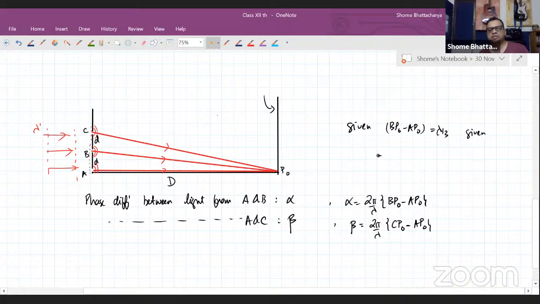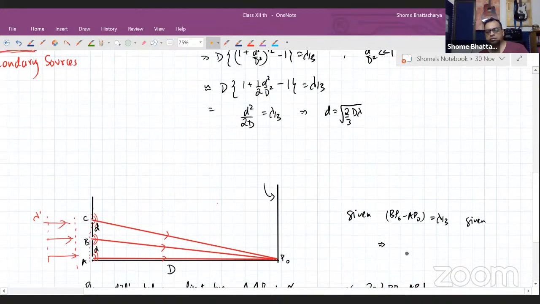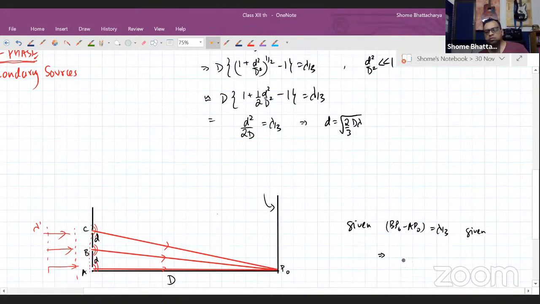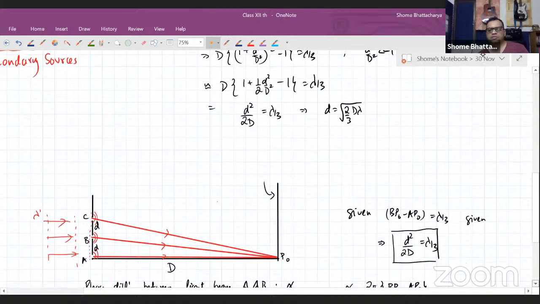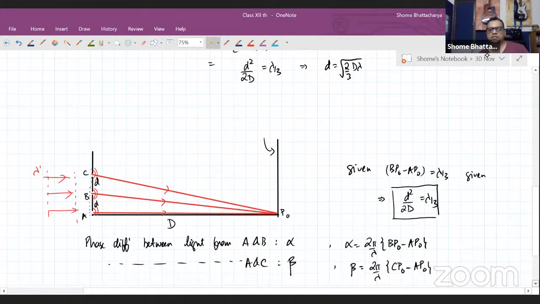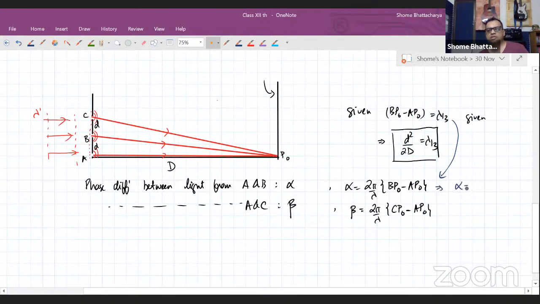And we had worked out that d square by 2D had become lambda by 3. So this is going to be the important relationship for us. So if we substitute this here, alpha is equal to how much? It is 2 pi by 3, or that's equivalent to 120 degrees.